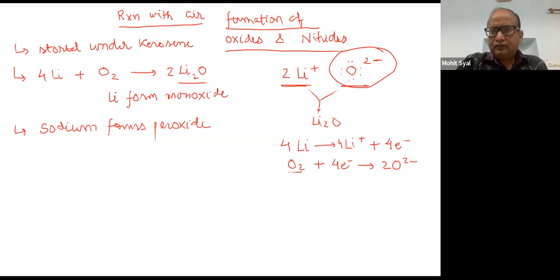Suppose this is oxide. Peroxide is 2 oxygen atoms having -2 charge in total.